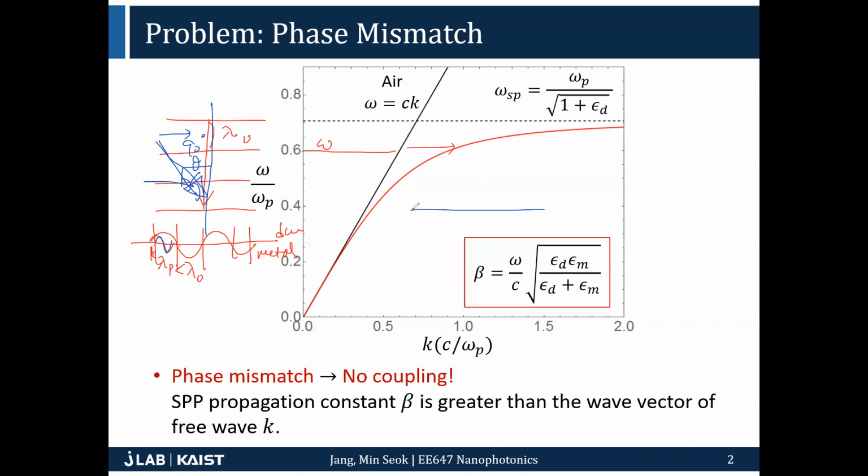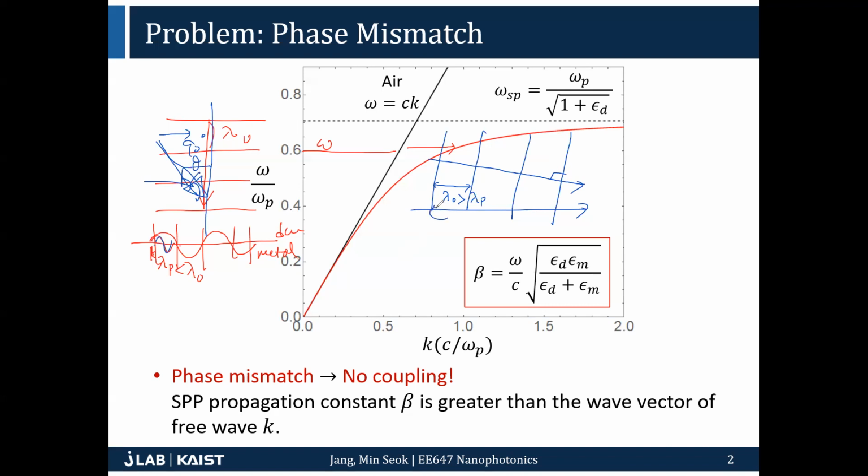In that case, you have this type of wavefront, right? You shine light at this angle, and the spacing between the wavefronts is lambda 0, which is still larger than lambda p.